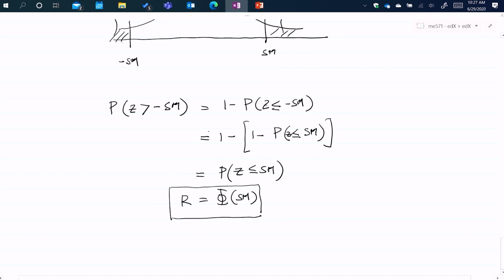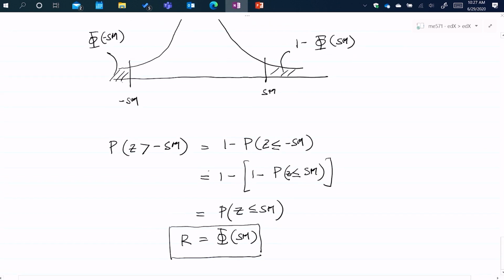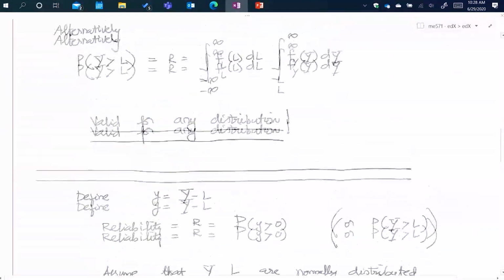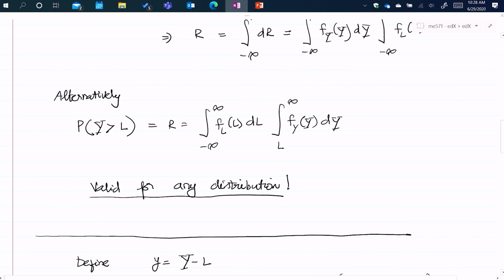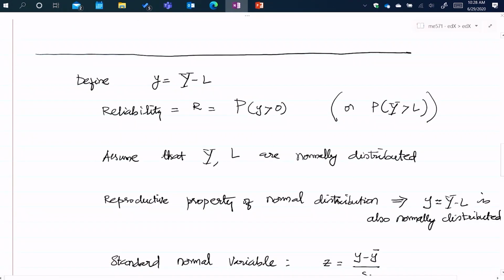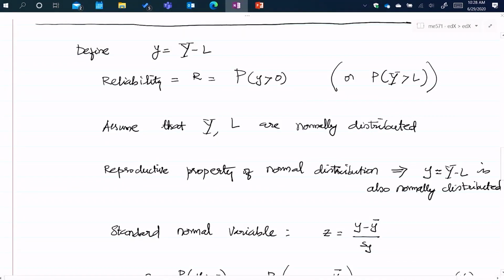So that is regarding the analysis of load strength interference, the math behind it. To recap, the definition of reliability is valid for any distribution. However, it's much more convenient if your strength and load are distributed normally.